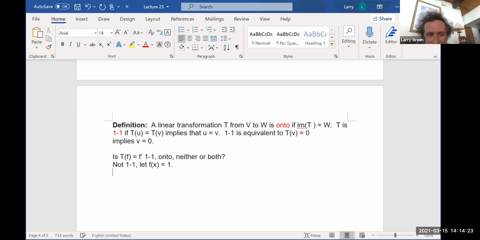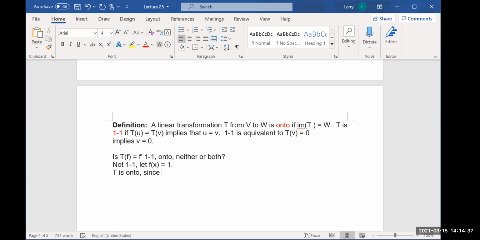So T is onto, since, how do you go backwards? You integrate.